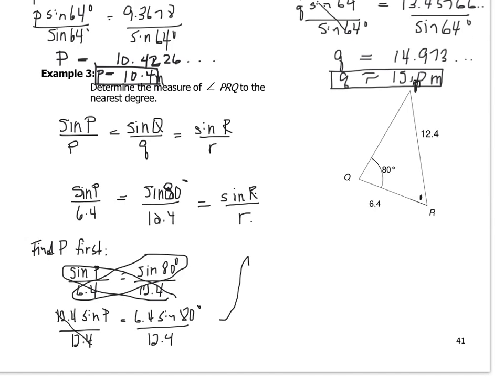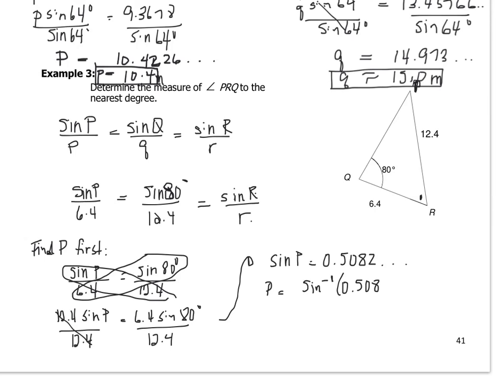And that's going to give you sine P equals 6.4 times the sine of 80 divided by 12.4. You should get 0.508 and so on. So if you want to find P, then it would just be the inverse sine of that.